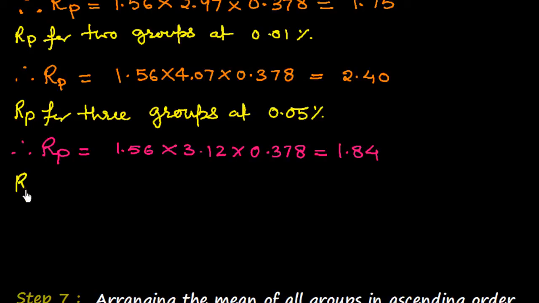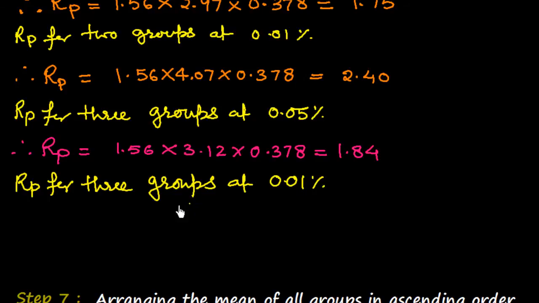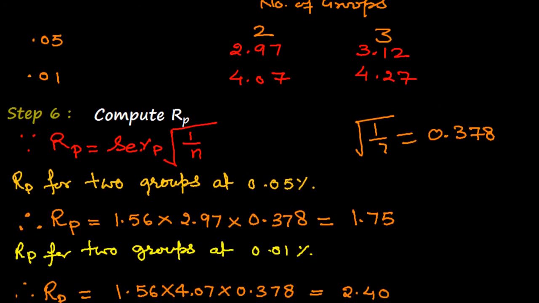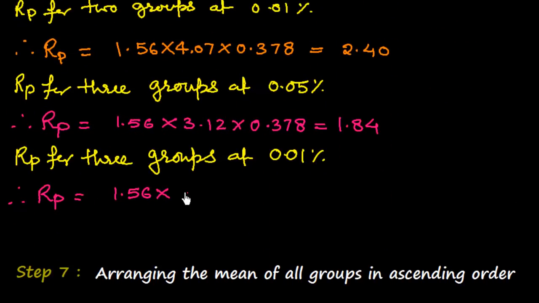Now RP for three groups at 1%: 1.56 into 4.27 into 0.378, which at 1% is 2.52.